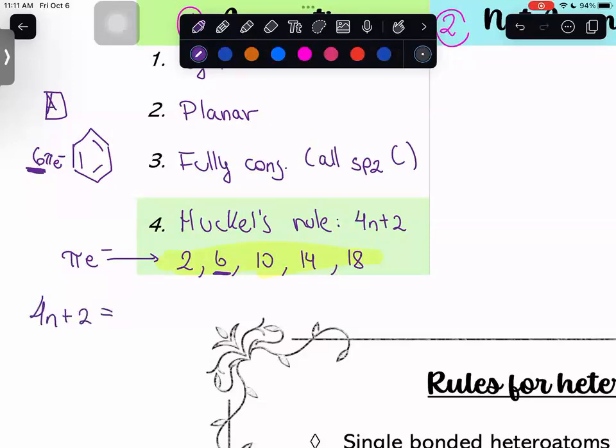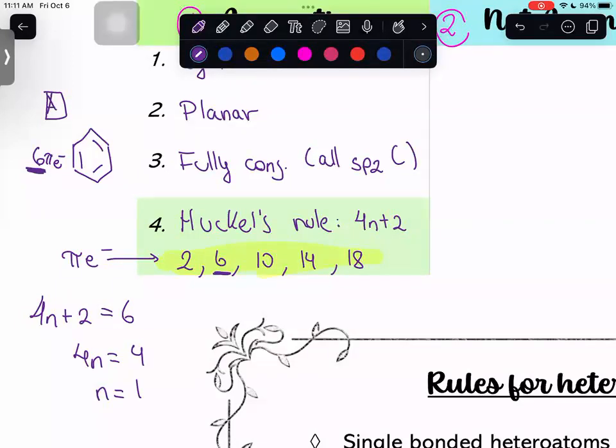If we're talking about our benzene group, we know that the number has to be equal to 6. So with simple algebra, 4n is going to be 4, which means that n is going to be equal to 1. Now, 1 is a whole number, so that's any number that we can plug into 4n plus 2. Again, n doesn't mean anything. It's any whole number.